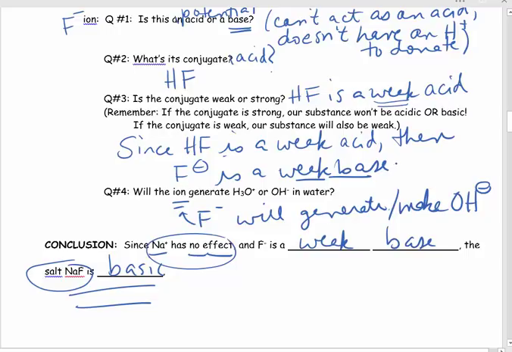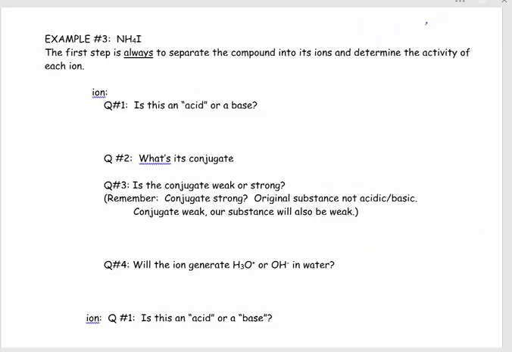So that meant F- is a weak base. So F- does make OH- in solution. And that means that the salt ends up being basic overall. Okay, so since F- has a conjugate that's a weak acid, that tells us that F- acts as a weak base.